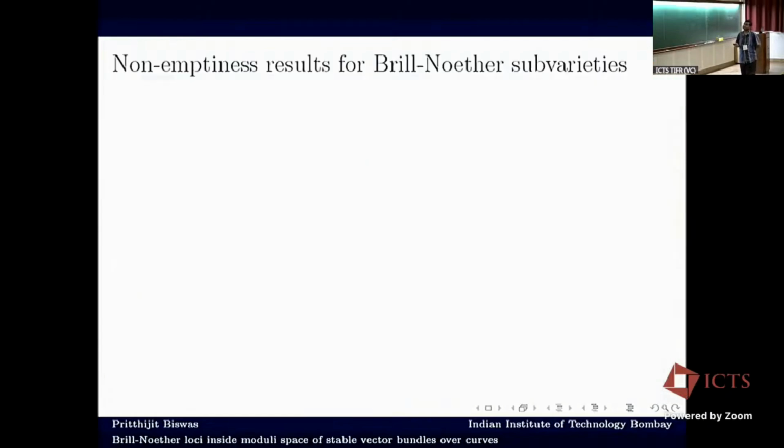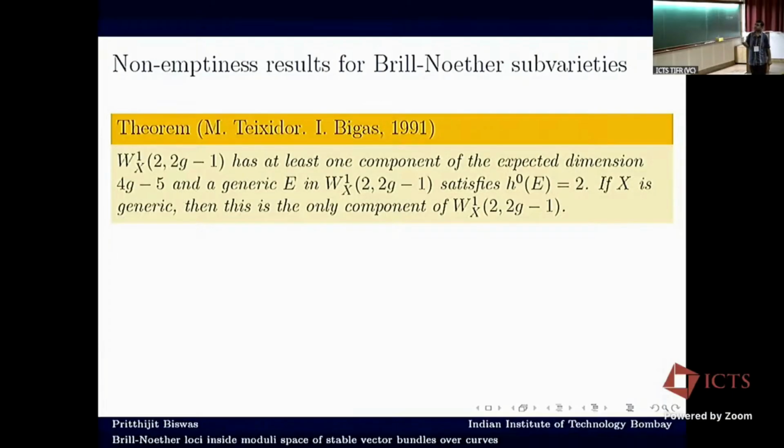So that these subvarieties are non-empty is already itself a complicated question. These are the results known by the work of Biswas from 1991, in the case where you don't fix a line bundle, not the fixed degree case and not the fixed determinant case.